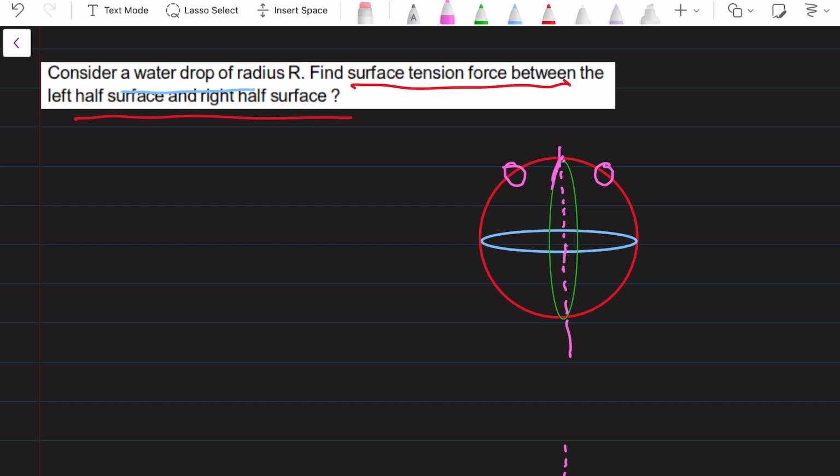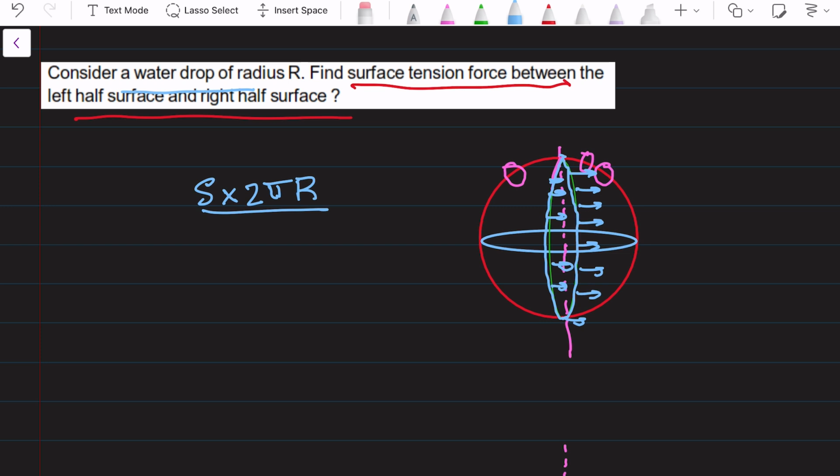This particular part will be pulled by the right part and the force will be acting in this way along the tangential to the surface. And what will be the length of this particular circle? 2 pi r. So the surface tension force by the right half on the left half is equal to S into 2 pi r, and same by the left part on the right part also.